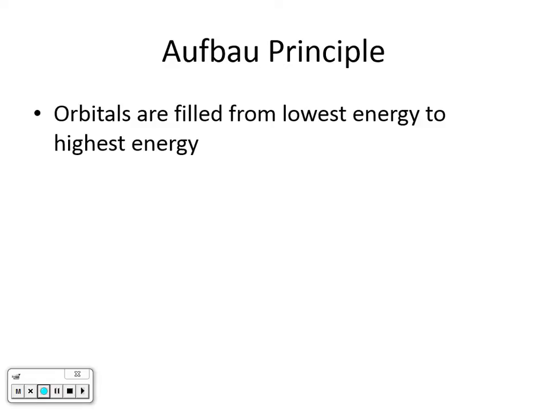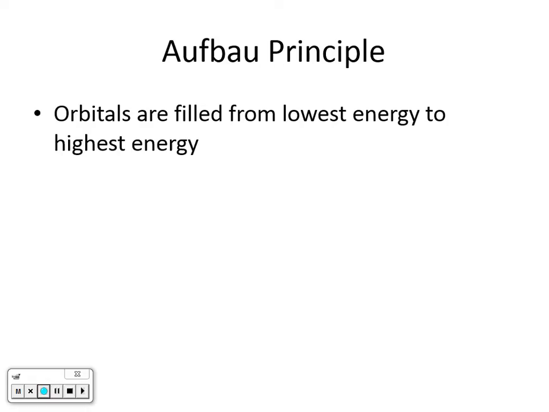Orbitals are filled from lowest energy to highest energy. And we kind of talked about this a little bit too with that baseball, right? If we started filling this room with baseballs, which part of the room would get filled up first? The bottom. The floor would get filled up first, right? Does that make sense? And then once the floor got filled up, then the layer above the floor would get filled up. Why? Because that's the next lowest energy.